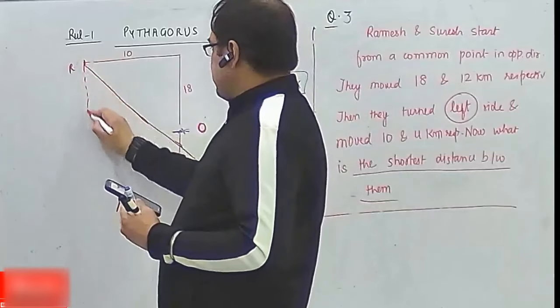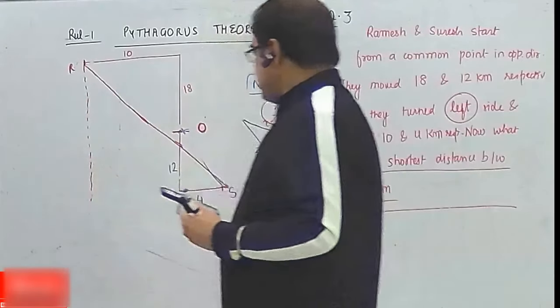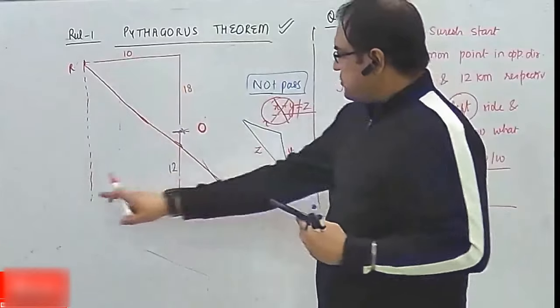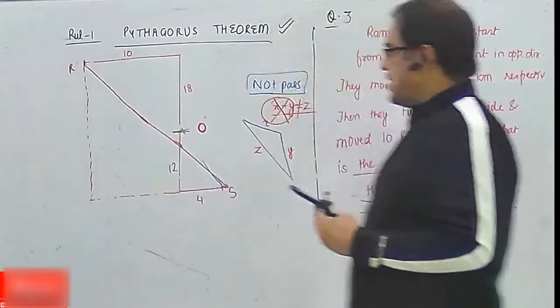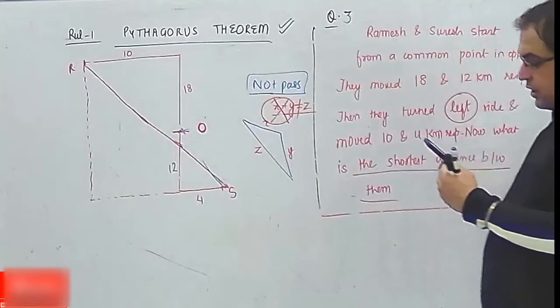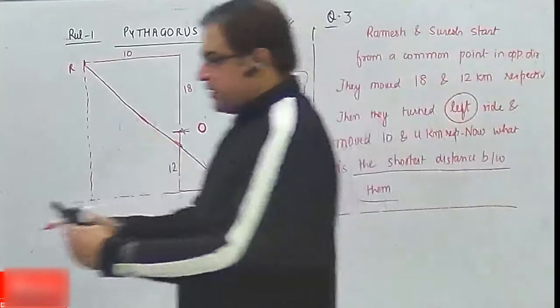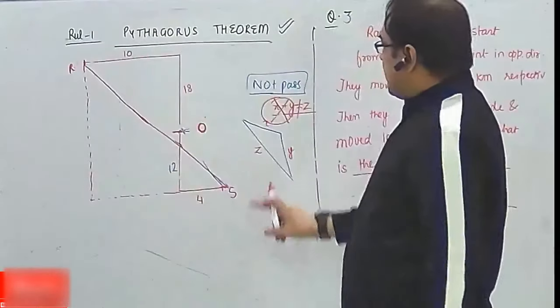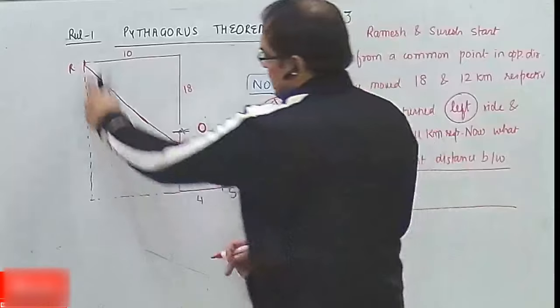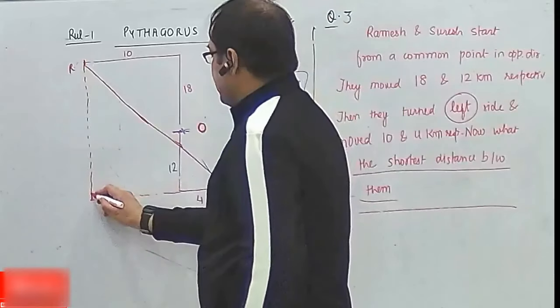What we do is we try to complete this triangle by extrapolating these lines. This triangle is a right angle triangle.